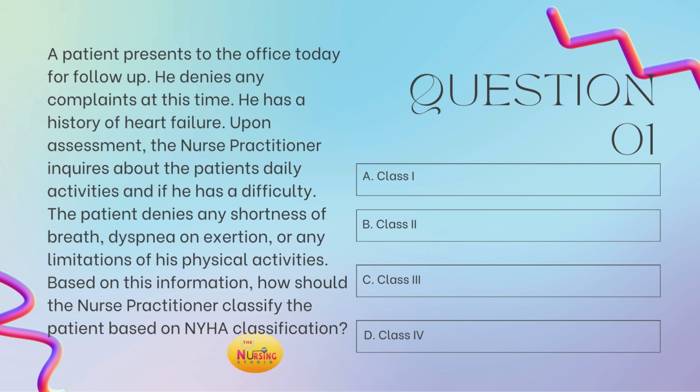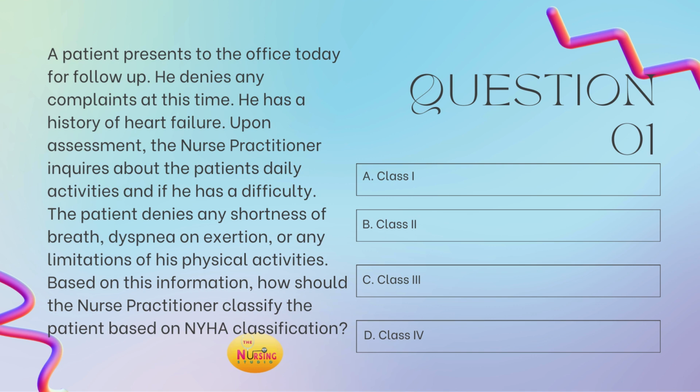All right, you guys. Let's get into the stem of the question. I always recommend reading the stem of the question first because it makes you slow down to ensure that you're answering what is even being asked, right? So, the stem of this question is, based on this information, how should the nurse practitioner classify the patient based on NYHA classification?